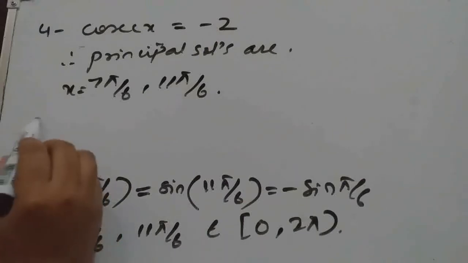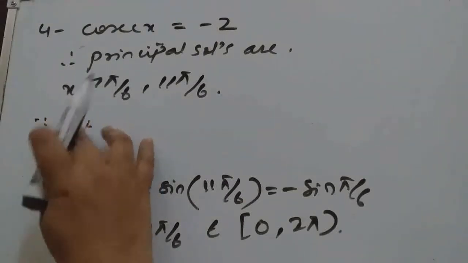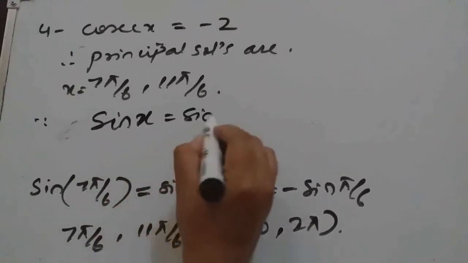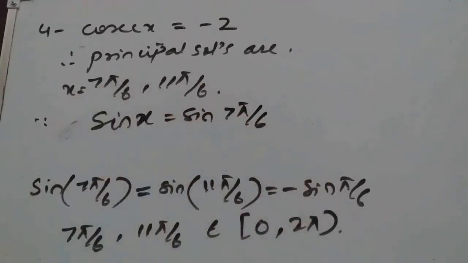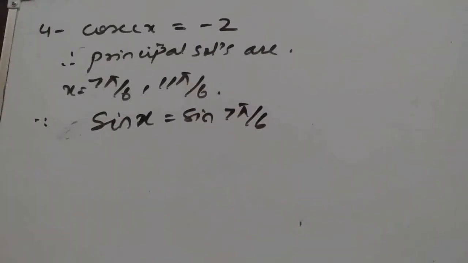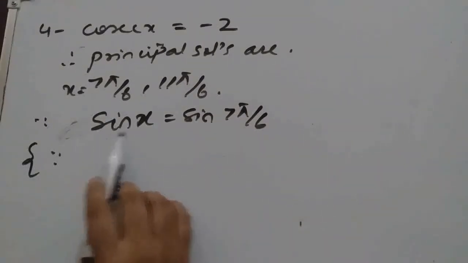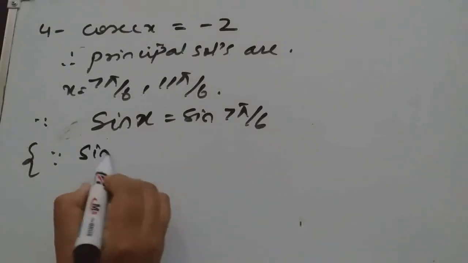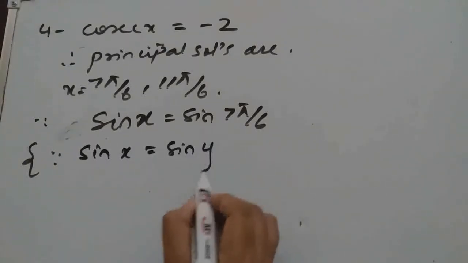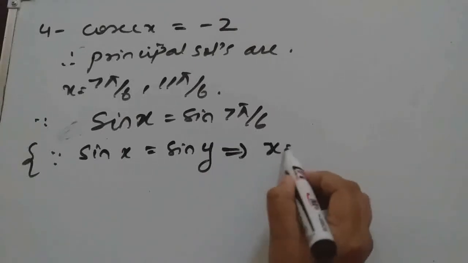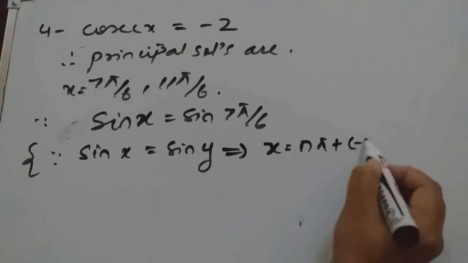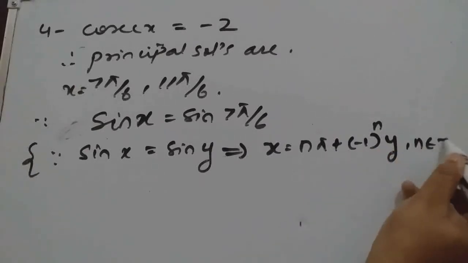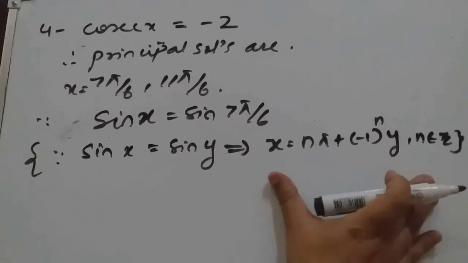Now for general solution, since we got here sin x is equal to sin 7 pi by 6, lowest value we will take here, and we know the rule: sin x equal to sin y implies x is equal to n pi plus minus 1 raised to n times y, where n belongs to Z. This general rule we know.